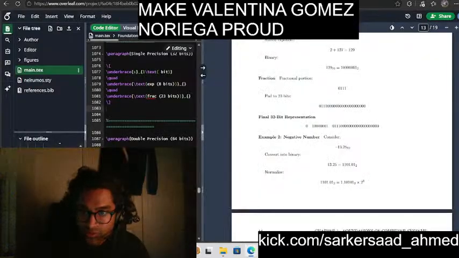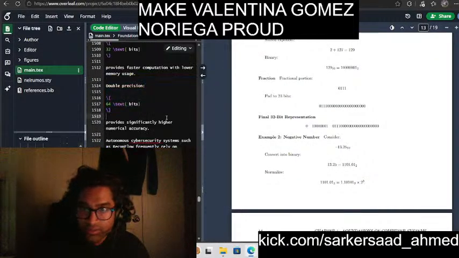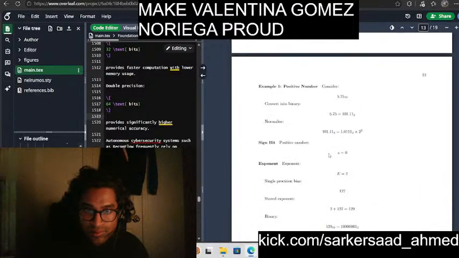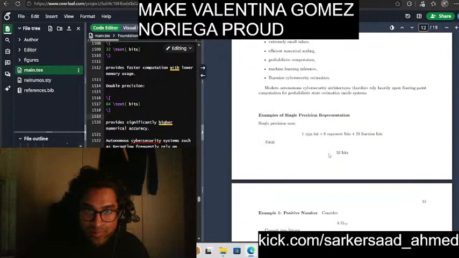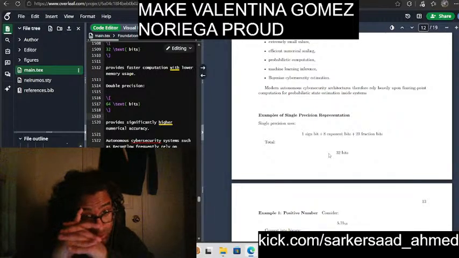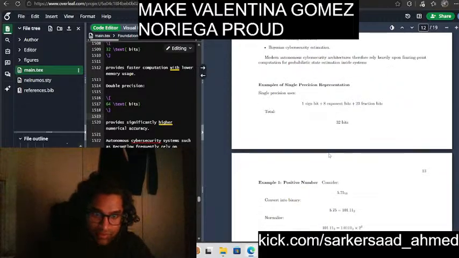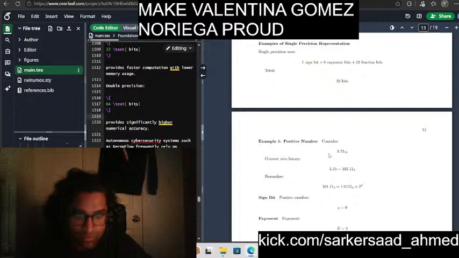I think what I have to do is remove all those and have one. The single precision uses 1 sign bit, 8 exponent bits, 23 fraction bits. So total will be 32. So let's say 5.75. So 5.75 would be 101.11. So 101.11 would be 1.0111 times 2 to the power 2.